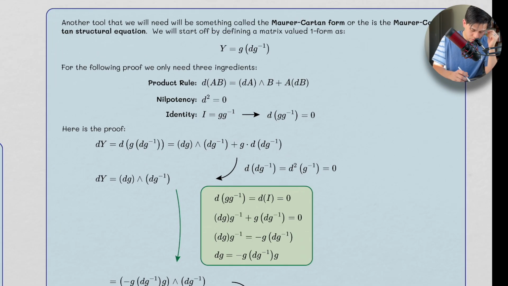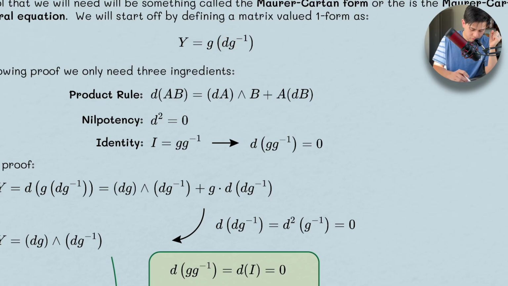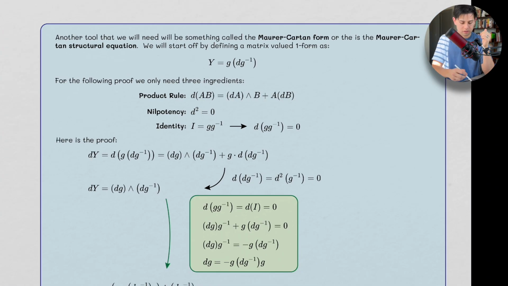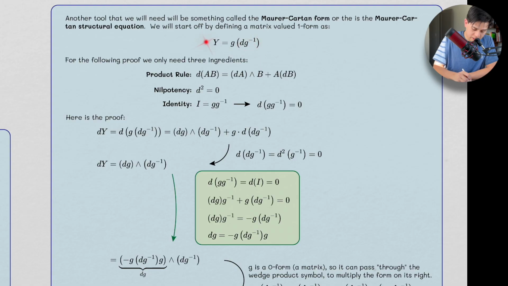So we're defining this new matrix valued 1 form, right? Because this is a 0 form, this is a 1 form. Because when we take this, it's just a metric, like a function on space-time. This thing here is not, right? It's the exterior derivative, which takes us to a q plus 1 form, right? So this thing here, we're defining this y to be this, right?